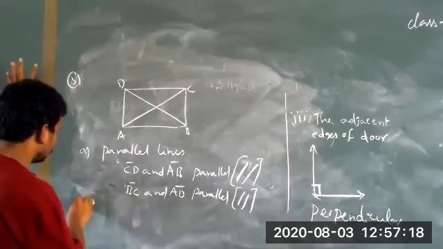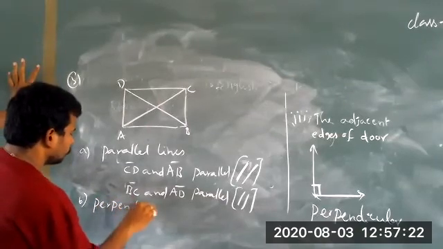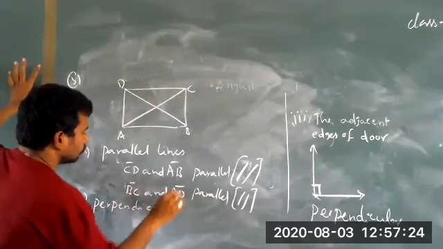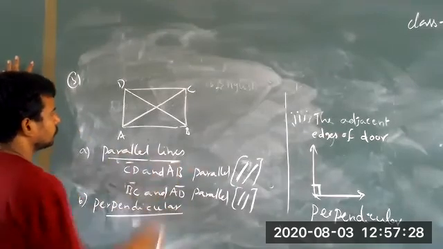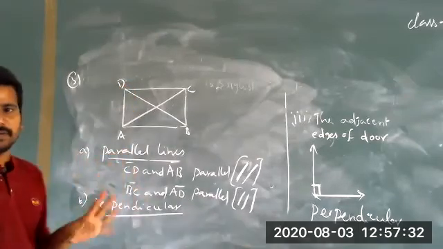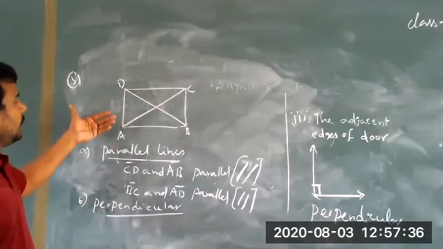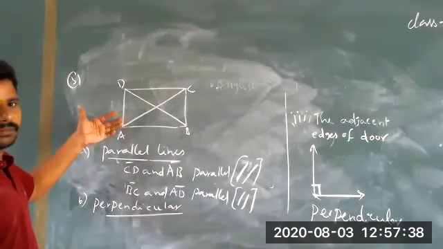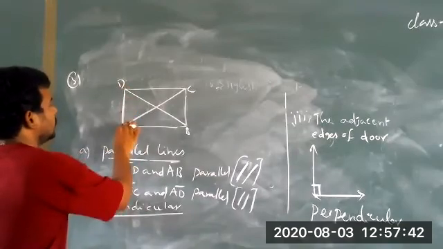Next, perpendicular lines. What are perpendicular lines? You take adjacent sides. You know what adjacent is. They meet at one common point.